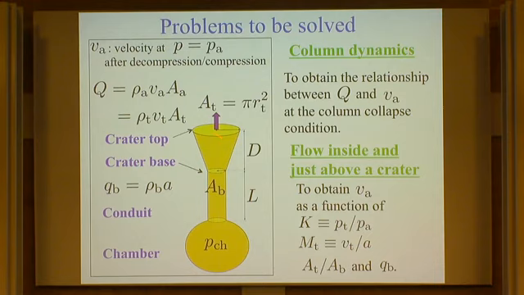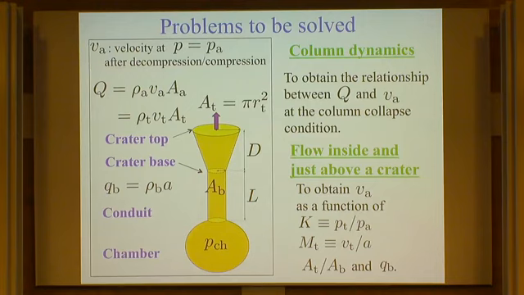So in order to get this VA, we have to estimate VA as a function of K, the pressure ratio at the crater top, and MT, the Mach number at the crater top, or the crater shape AT over AB, the ratio of cross-sectional area at the crater top and crater base, and so forth.